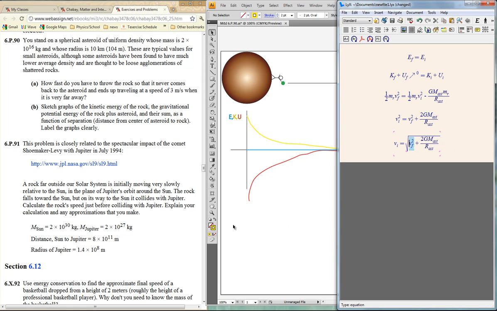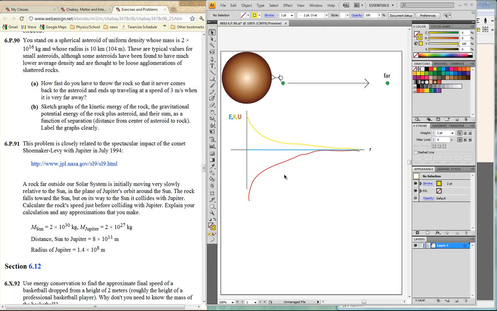Finally, we might want to know what happens if you throw that rock up, like on Earth, and it doesn't escape, but it comes back down to you. Then what would the graph look like? Well, as usual, we can just take the total energy and move it down somewhere. And potential energy is always the same, so it still looks like that. But the thing is that, in this case, the rock can never go past this point here.